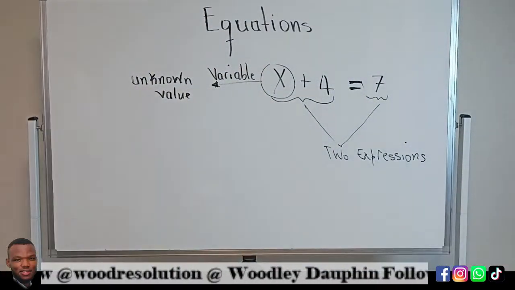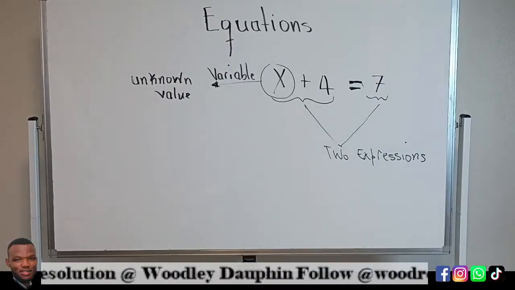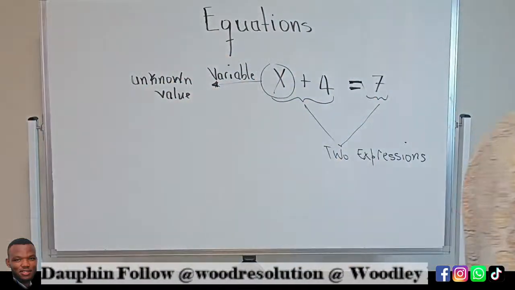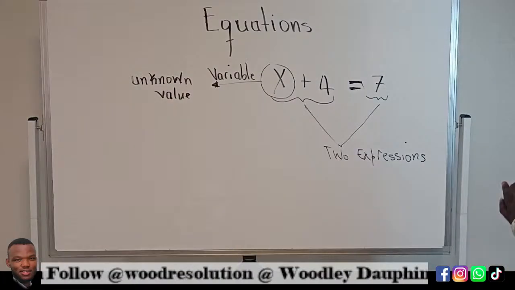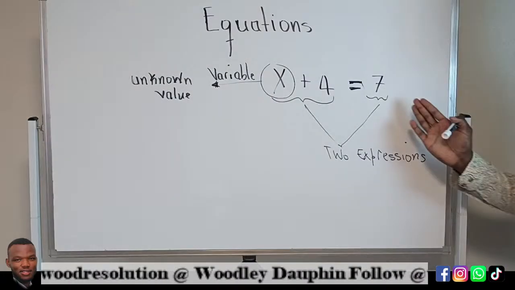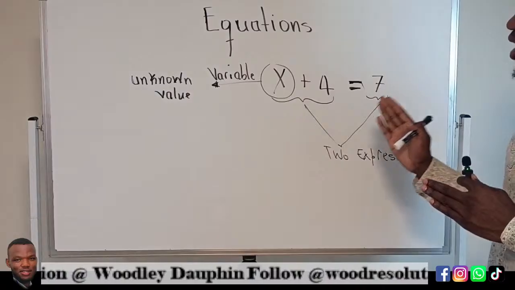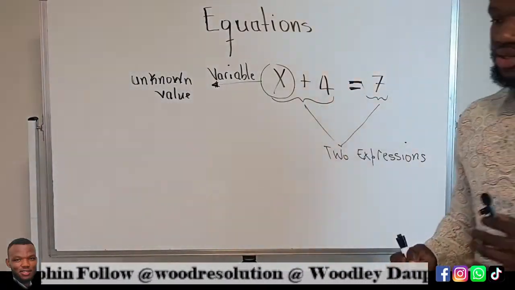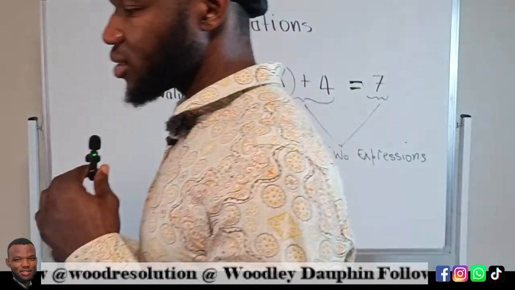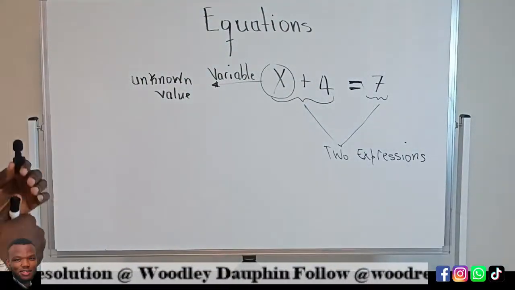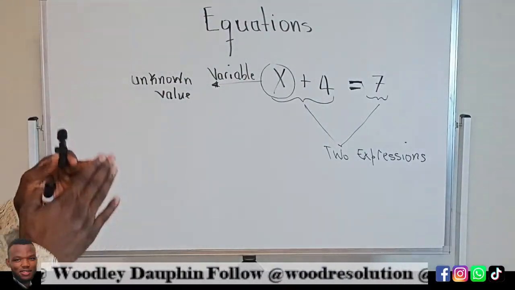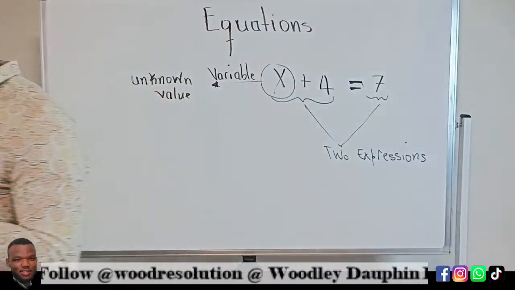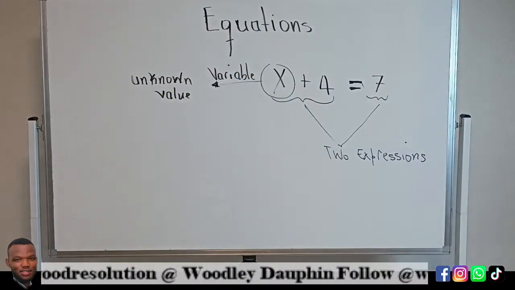Okay, so exactly. The best thing to find this unknown value when they ask you to solve an equation is just by isolating the variable. You isolate the variable in order to find a value for it. Okay, this is exactly how you can solve an equation.